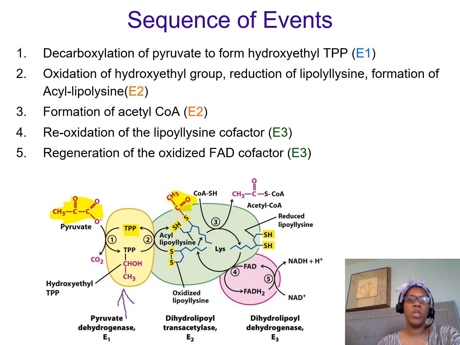So step 2, we're going to move this 2-carbon part of pyruvate from TPP to acyl lipoyllysine, and that's going to be in enzyme 2, E2. And then we're going to go straight into the formation of acetyl-CoA. So by step 3, we formed acetyl-CoA. So we transferred from an acyl lipoyllysine to acetyl-CoA.